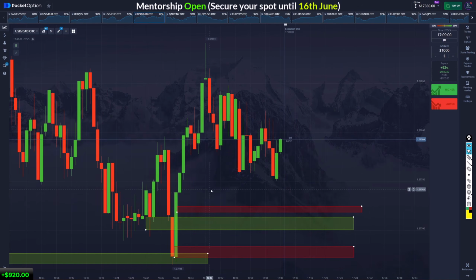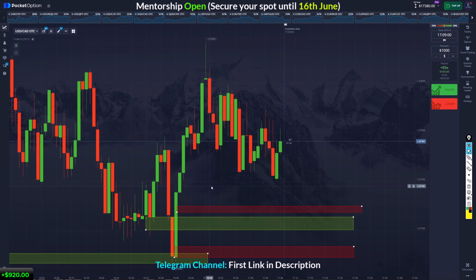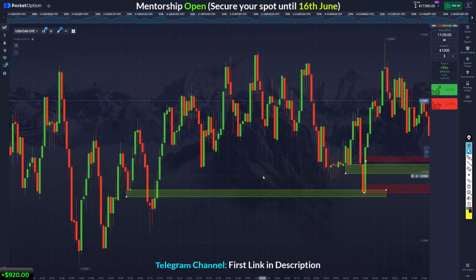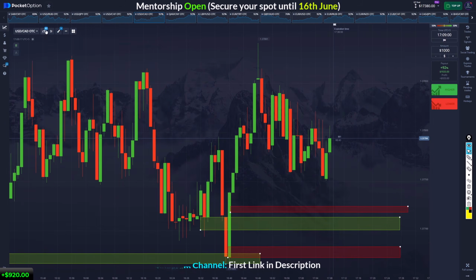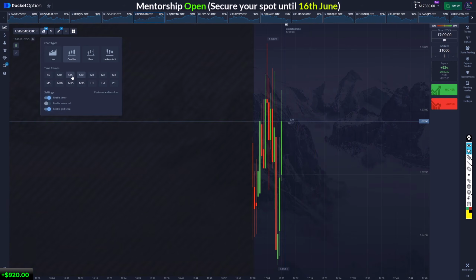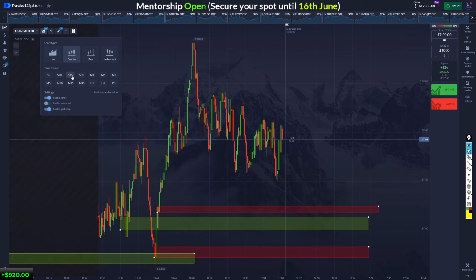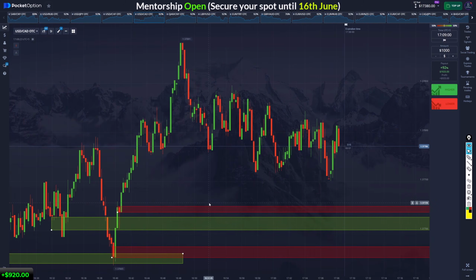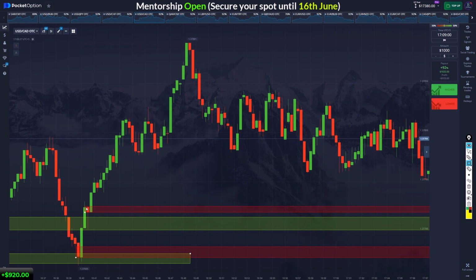Now, we only choose the zones if they are fresh. What does that mean? Okay, it means that this particular zone we have marked, it shouldn't be touched before. For example, if you see, we have marked these two. Have they touched before?